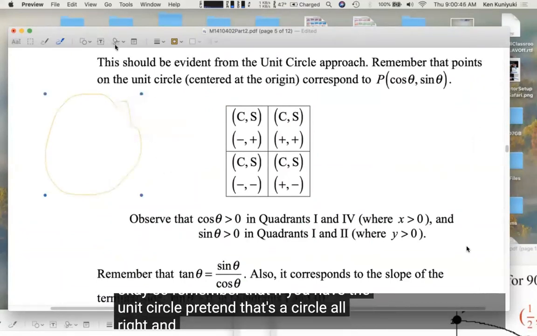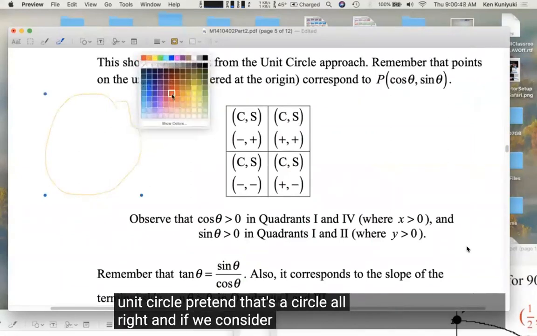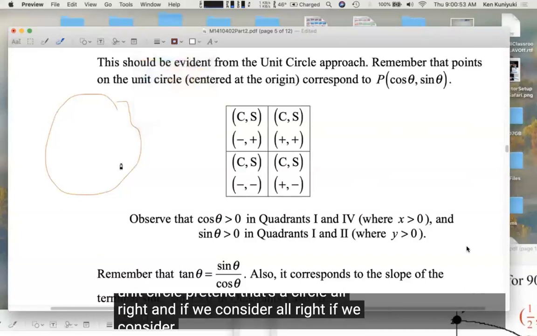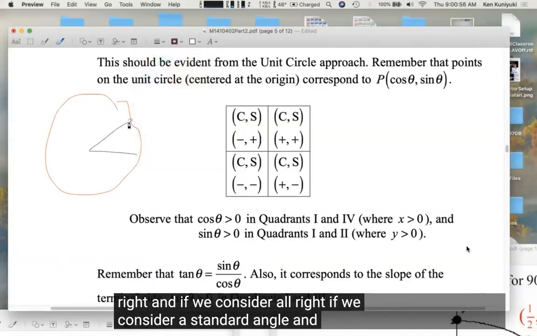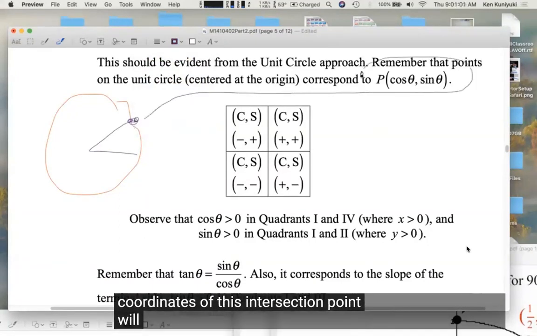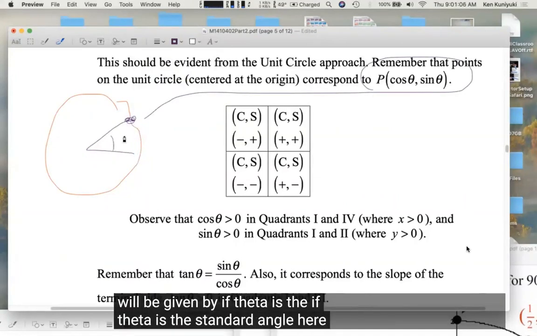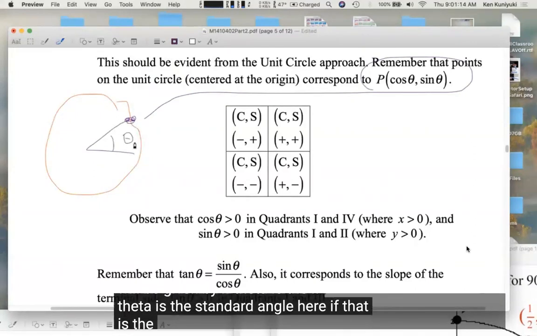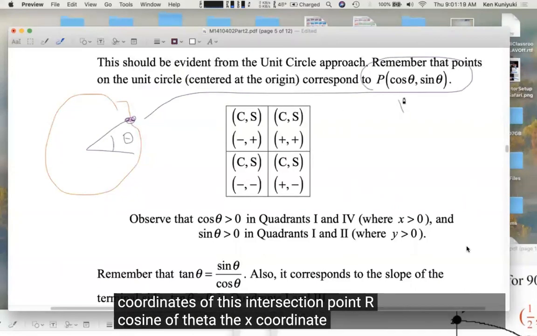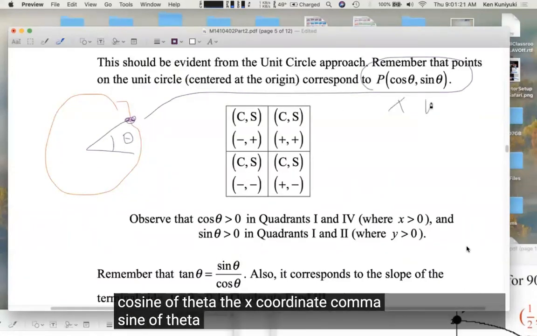And if we consider a standard angle and an intersection point there, if theta is the standard angle here, the coordinates of this intersection point are cosine of theta, the x-coordinate, comma, sine of theta, the y-coordinate.